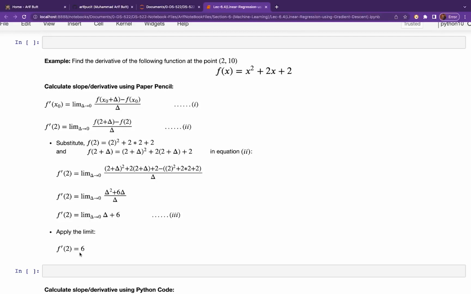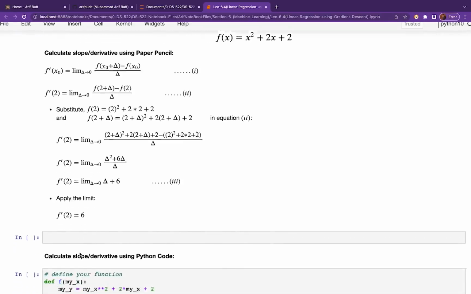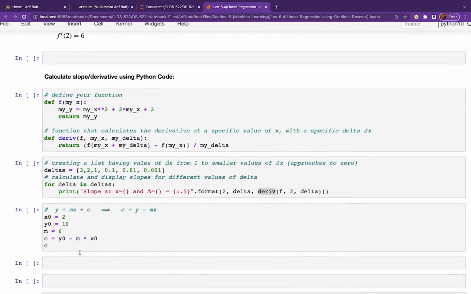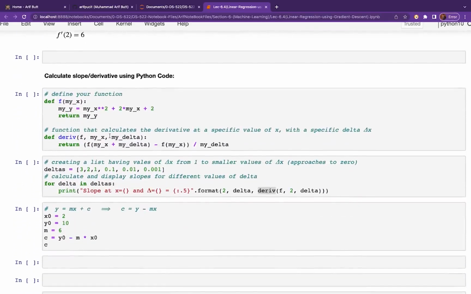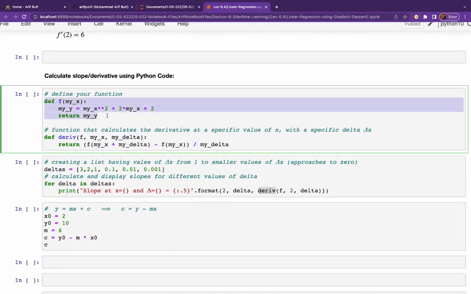Okay, finally let me do the same task using the Python code. Over here, I have defined the function named f, which is x squared plus 2x plus 2.